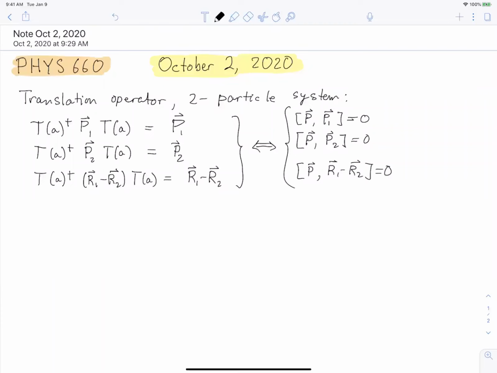And the P's are the generators of the total translation. These are Hermitian operators. And P is by definition P1 plus P2, whereas the T's are the unitary operators that do the translation for you, that do a finite translation, as opposed to infinitesimal.